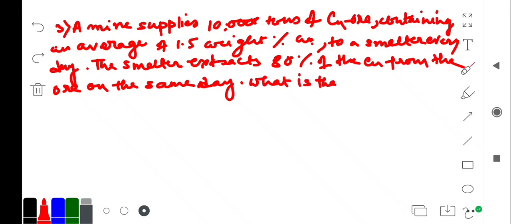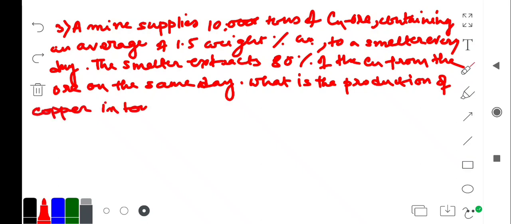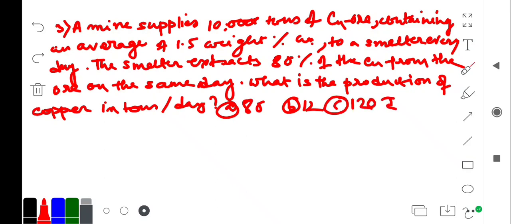What is the production of copper in tons per day? Option A is 80, option B is 12, option C is 120, option D is 150.